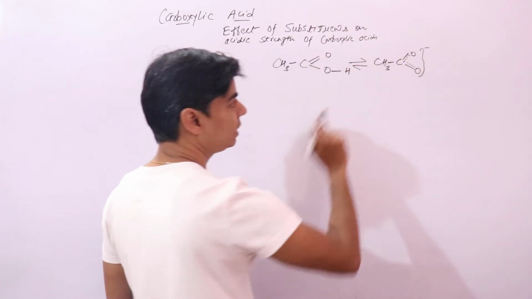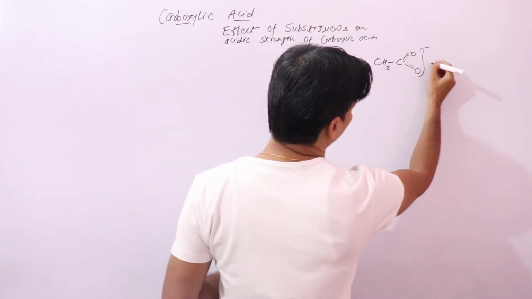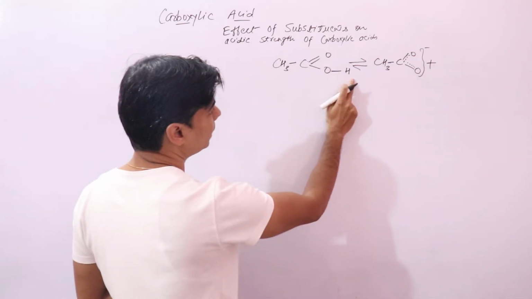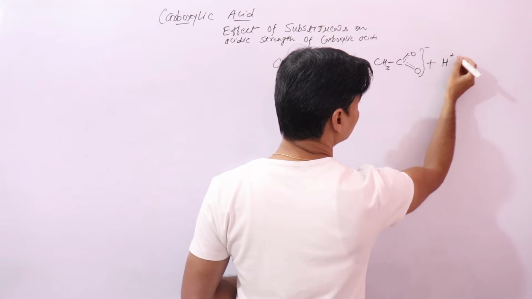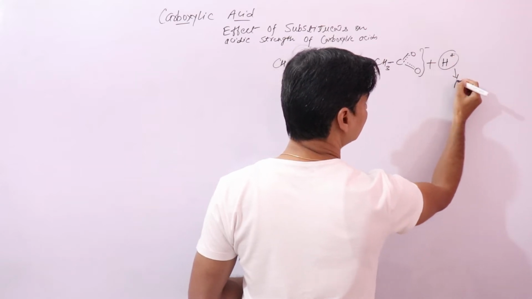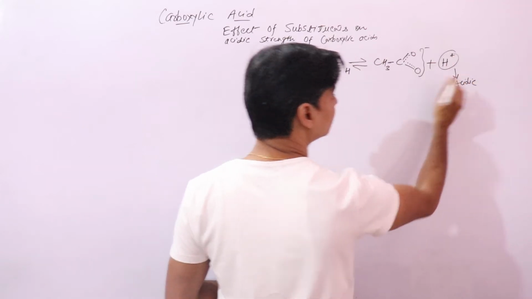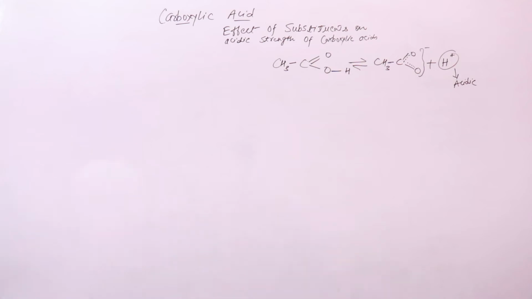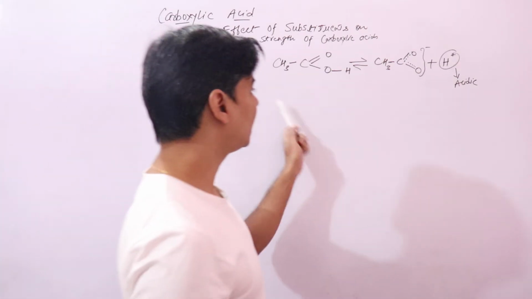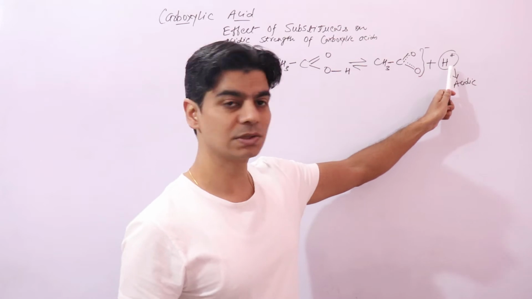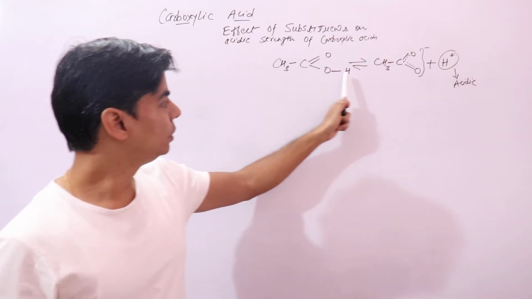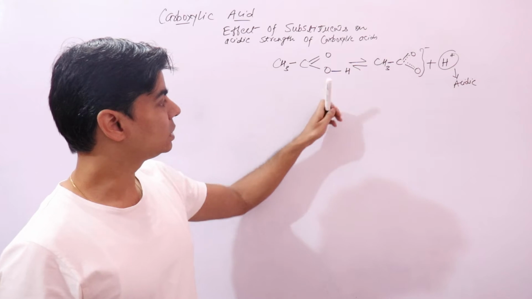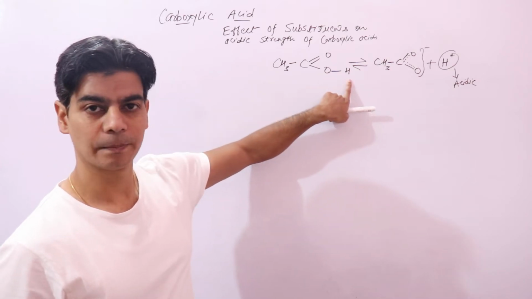This acetate ion has a negative charge, right? And when this bond breaks, hydrogen ions would be released, right? It is due to this hydrogen ion that this carboxylic acid is acidic in nature, which is released due to the dissociation of this OH bond, right?